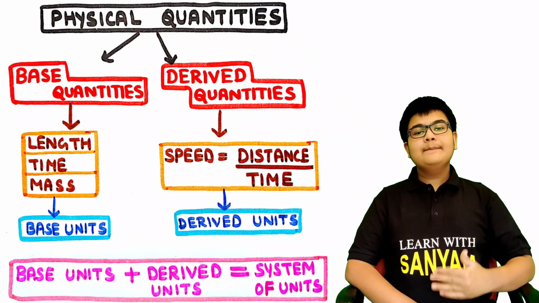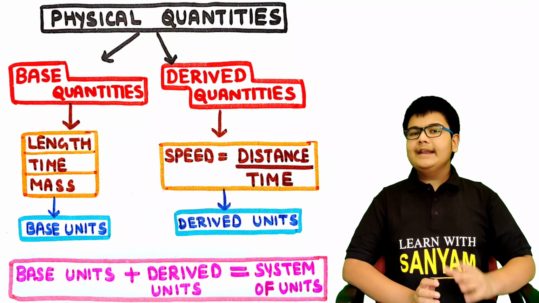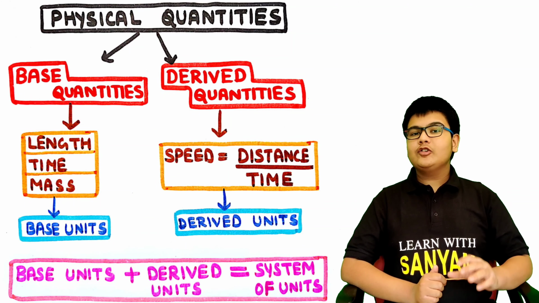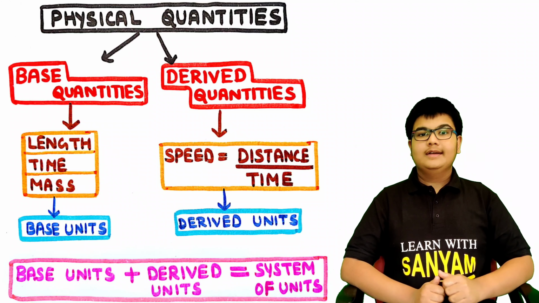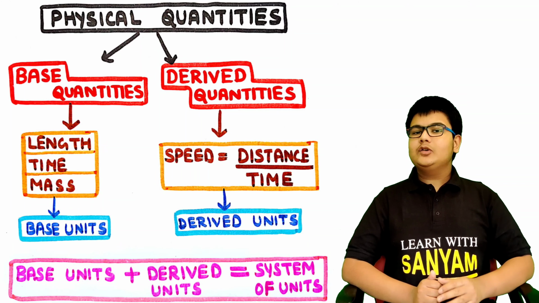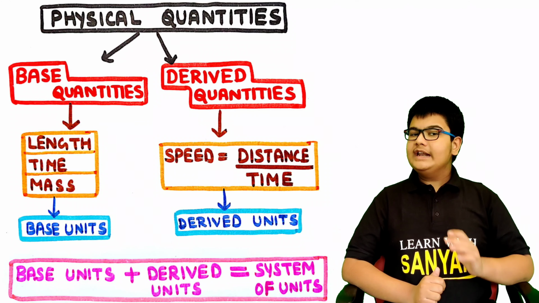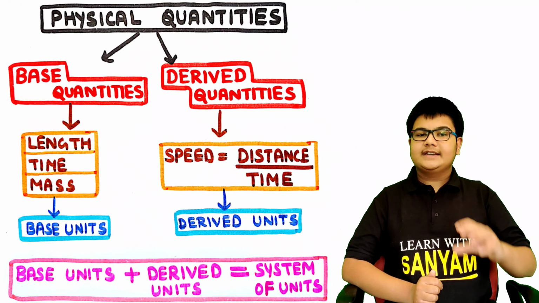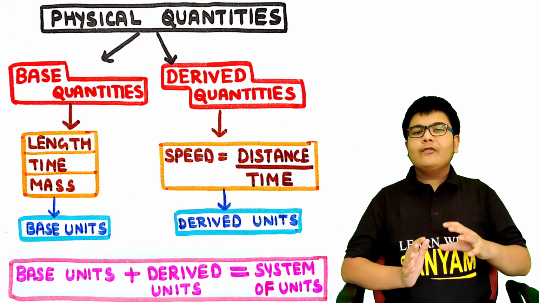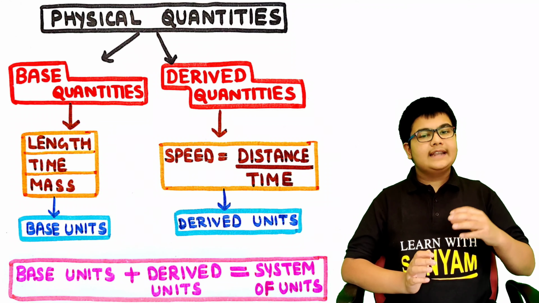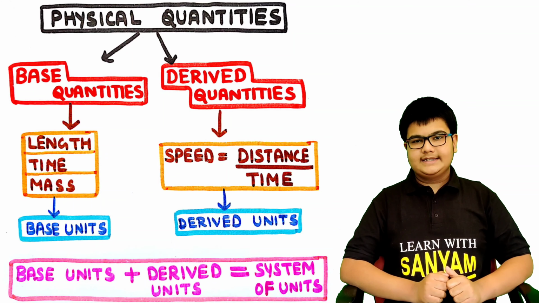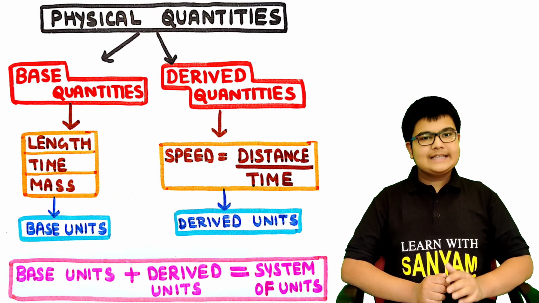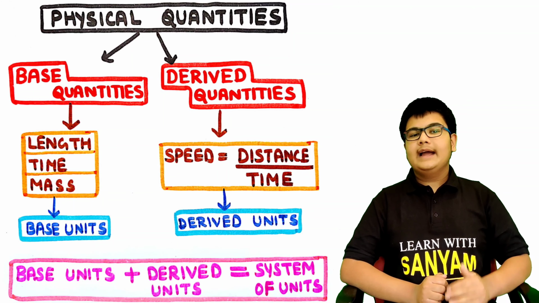Now there is a very important question. You may be confused that there are so many physical quantities. Do we have to remember all of them? No. All physical quantities are related to each other. Thus, we only need to remember very few units for expressing all the other physical quantities. So using a set of few standard units, we can express all the other physical quantities. These basic quantities, like length, time and mass, are called base quantities.